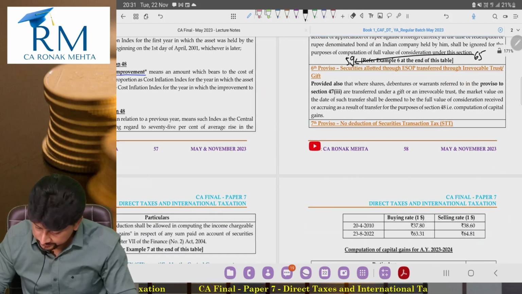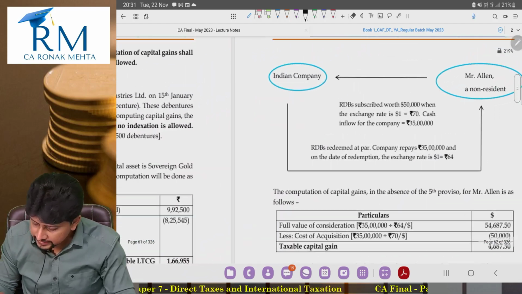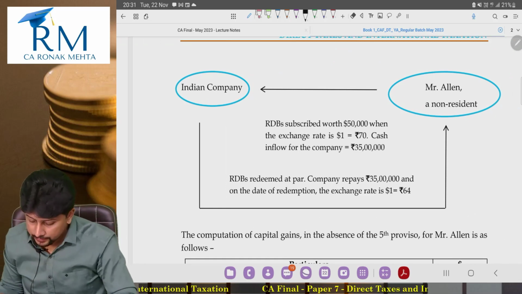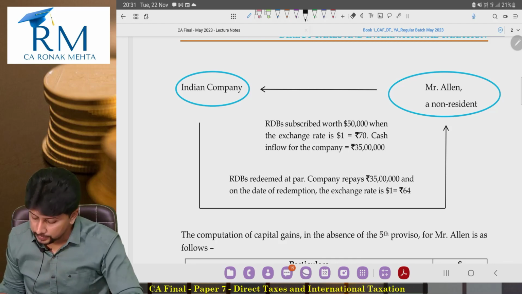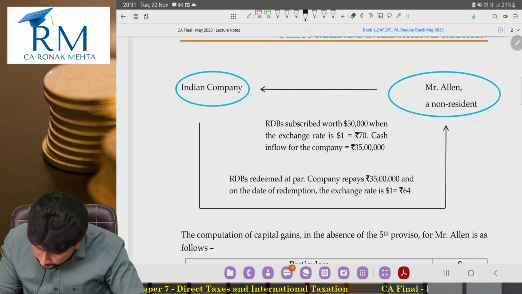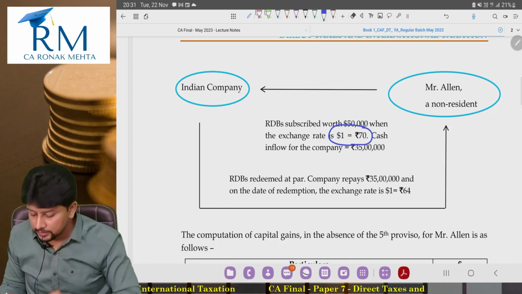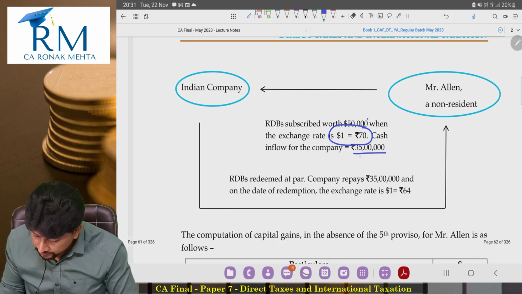See this. There is an Indian company. Mr. Allen is a non-resident. He subscribed to rupee denominated bonds worth $50,000. At that point of time, the exchange rate was 70. So he brought in $50,000, and $50,000 into 70 is 35 lakhs.